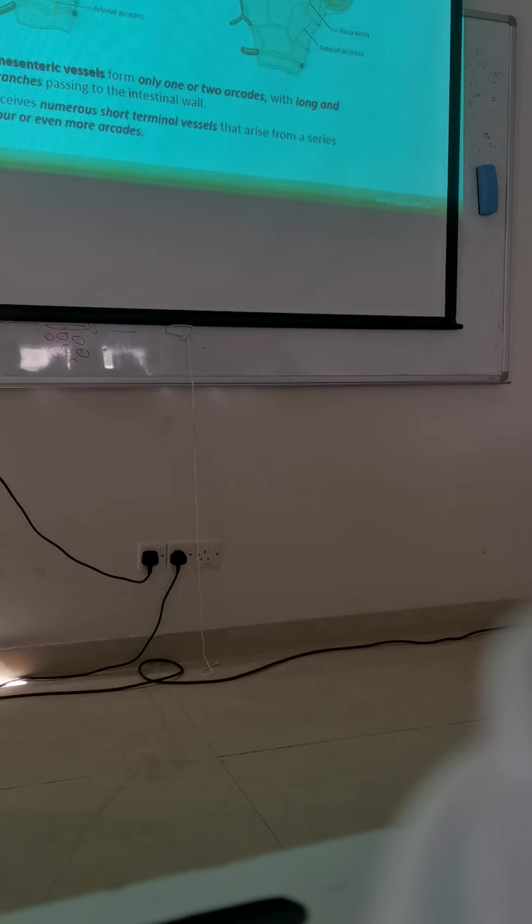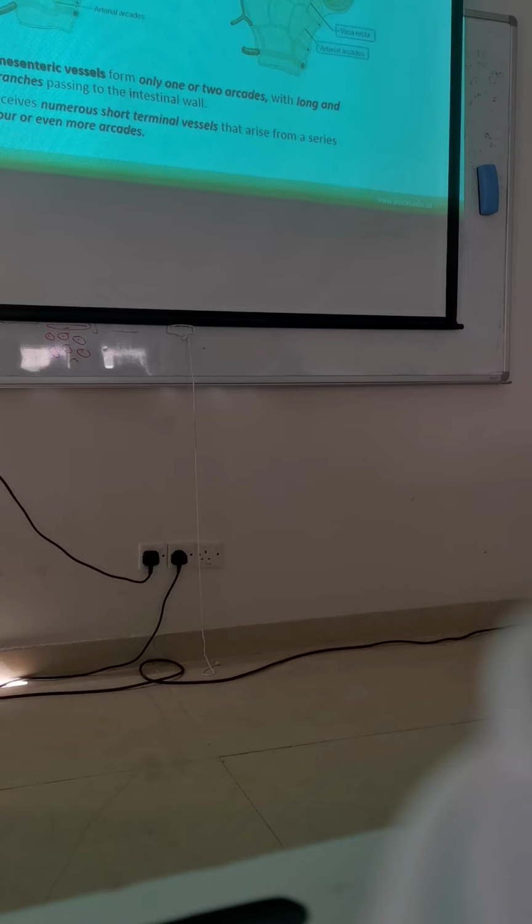We move to a few more topics. This is the difference between the jejunum and ileum. Vasa recta are straight arteries. You can see the straight arteries are smaller in the case of ileum, and longer in the case of jejunum.